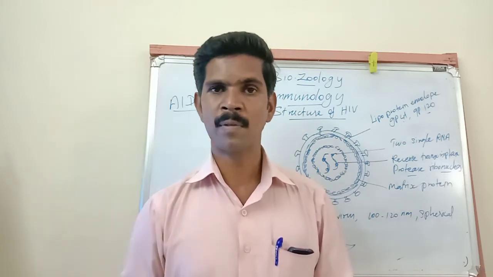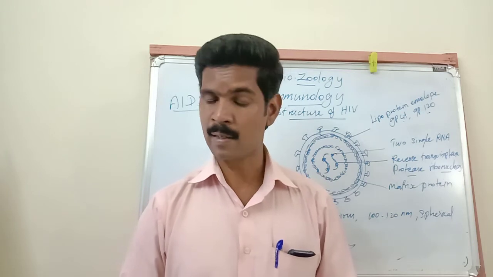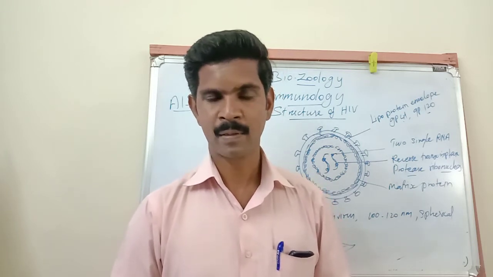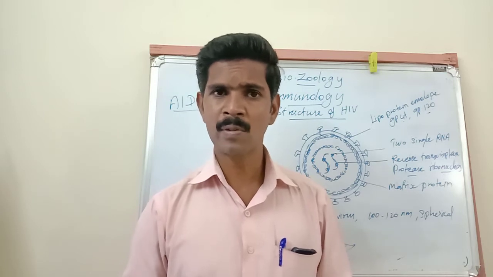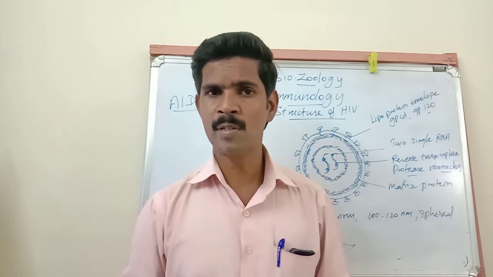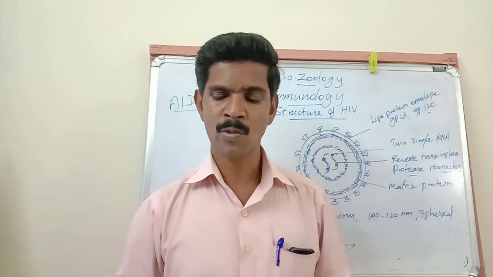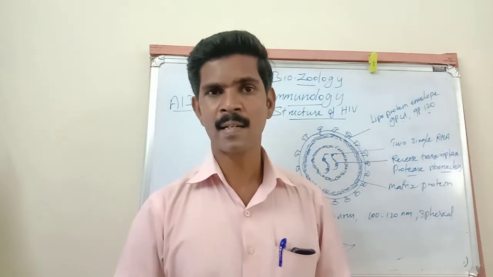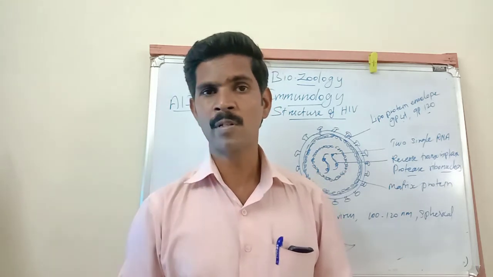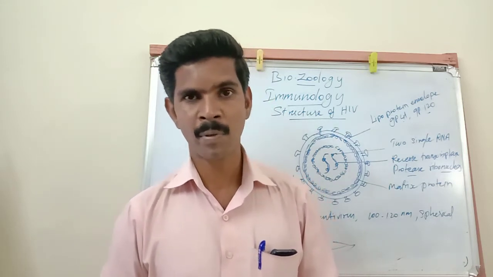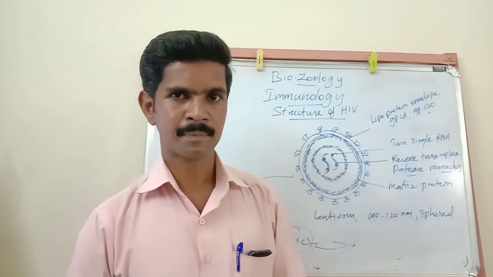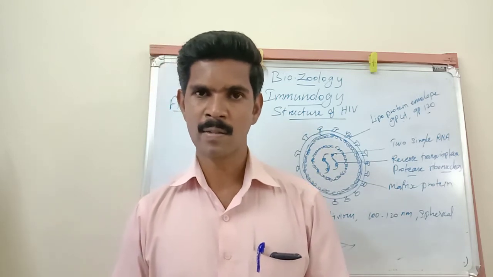These are some of the symptoms of this HIV disease, AIDS. Finally the person is unable to get any protection against any infection, because acquired immunity is completely reduced due to the reduction in the number of T helper cells. Understand, my dear students?